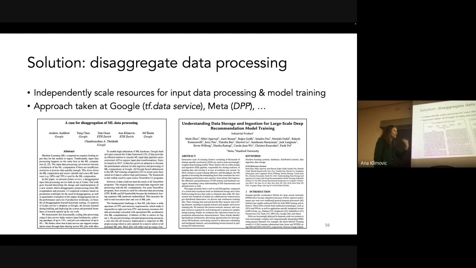This is an approach that has been taken recently, at least publicly, by Google and Meta, who have both published papers explaining their solution. I'm going to talk about the Google system, called tf.data service, because this is what we build on at ETH to build a multi-tenant service that I'll talk about as well. But a lot of these ideas, the main idea of decoupling and disaggregating data processing, are very similar to Meta's DPP system that they describe in this ISCA paper.